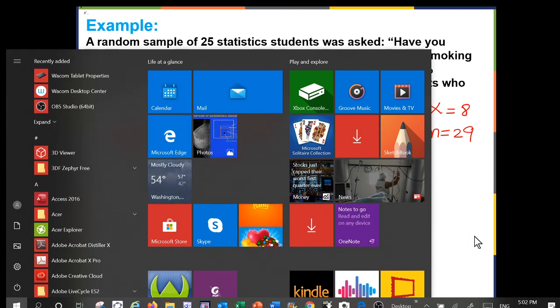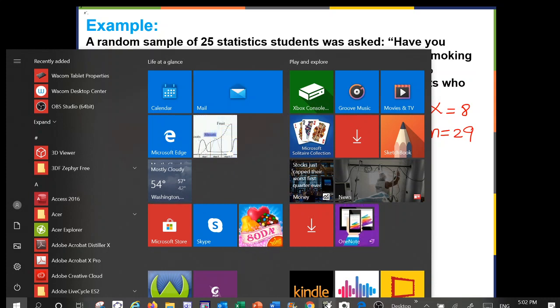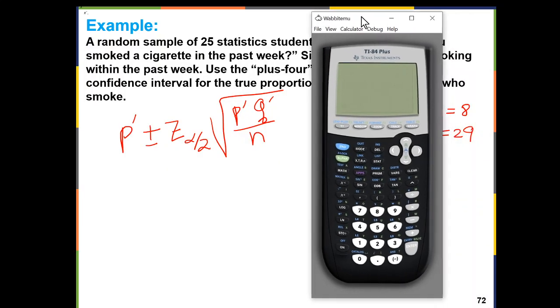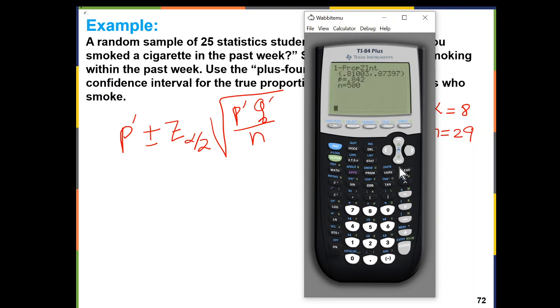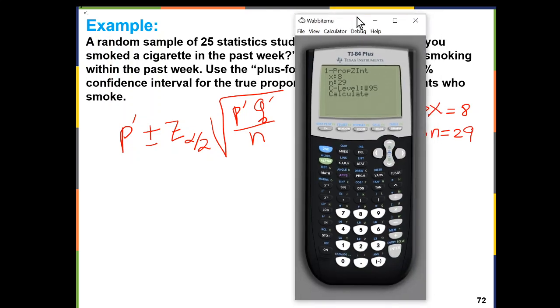Oh, there you go. So let's use a calculator. What I'm going to do again is go to stat tests, and I'm going to get what? 1 proportion z test. And instead of x, what do I put? Did you say 6? No, you didn't. 8. And n, did you say 25? No. And what is the confidence interval? 95% again.